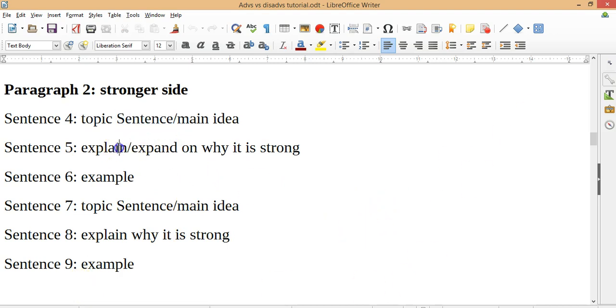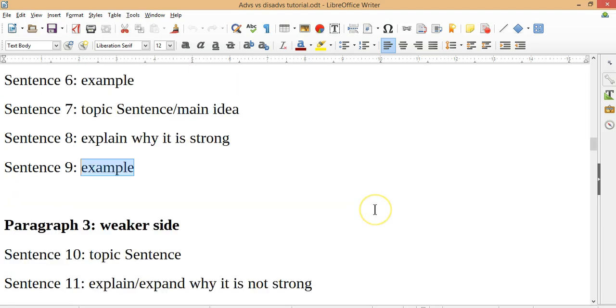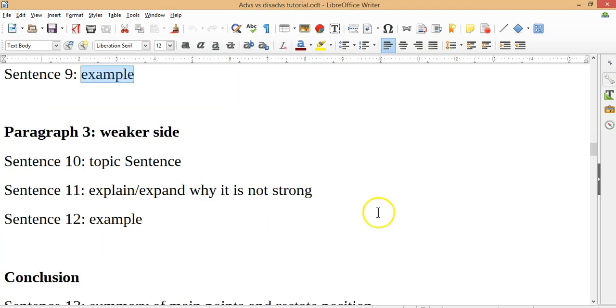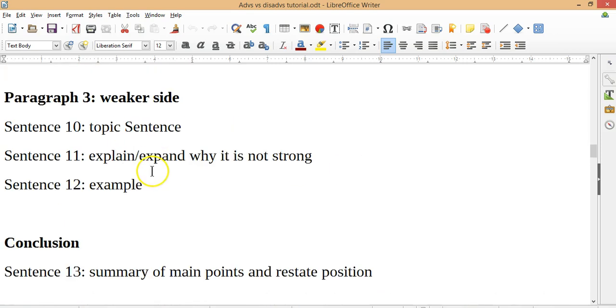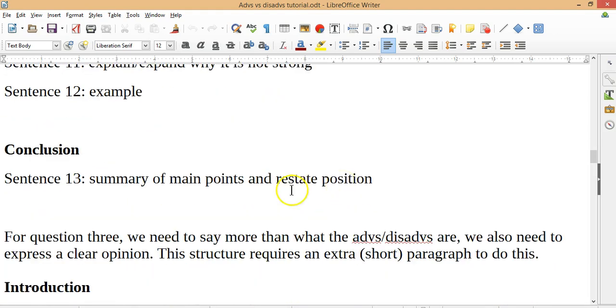Topic sentence, main idea, explain why it's strong, example. Then again, main idea, explain why it's strong, example. Compare that with paragraph 3. We've just got a topic sentence, explain why it's weaker, and an example. And then, in conclusion, just a summary of your main points and restate.